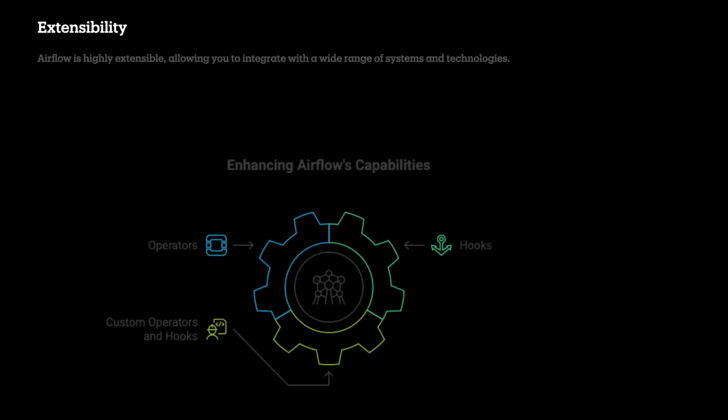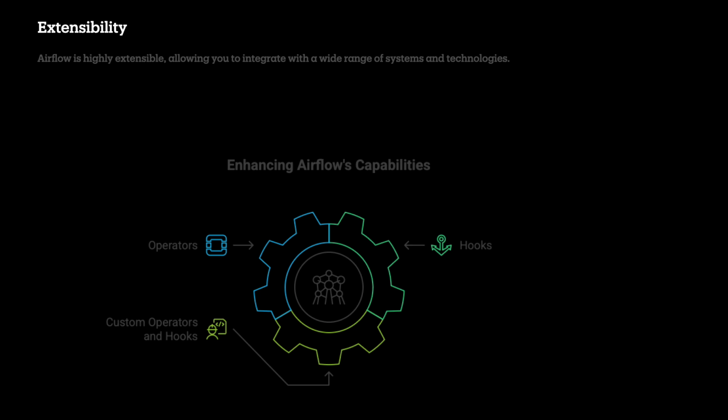The next concept is extensibility in Apache Airflow. Airflow is highly extensible, that allows you to integrate with other systems and technologies that you will be looking into in the further videos.